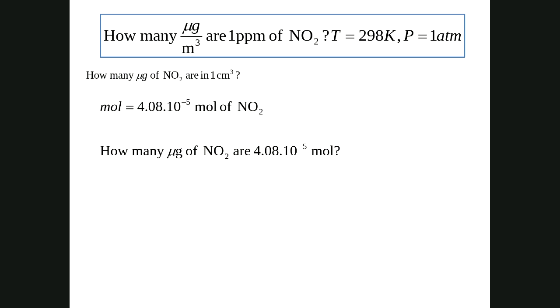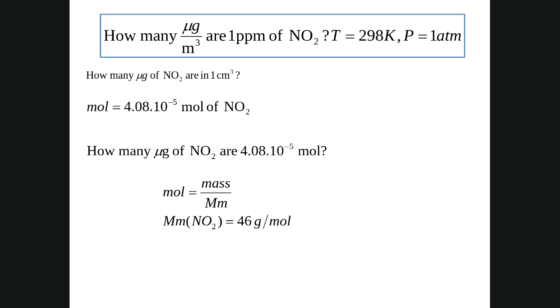The equation is moles equals the mass divided by the molecular mass. The molecular mass we can get from a periodic table, and for nitrogen dioxide it is 46 grams per mole: 1 atom of nitrogen, 2 atoms of oxygen.